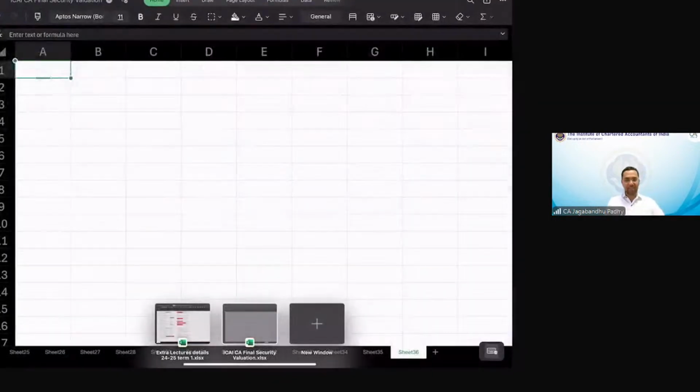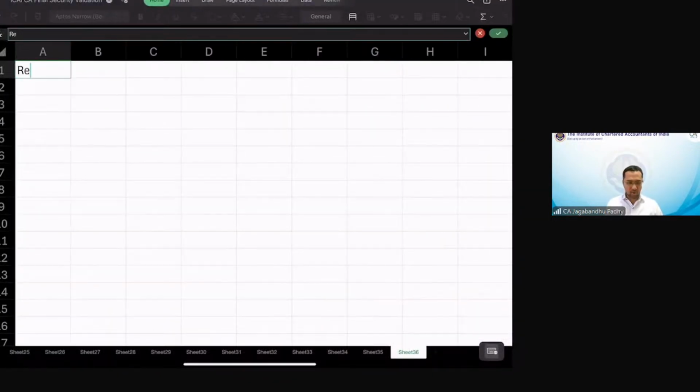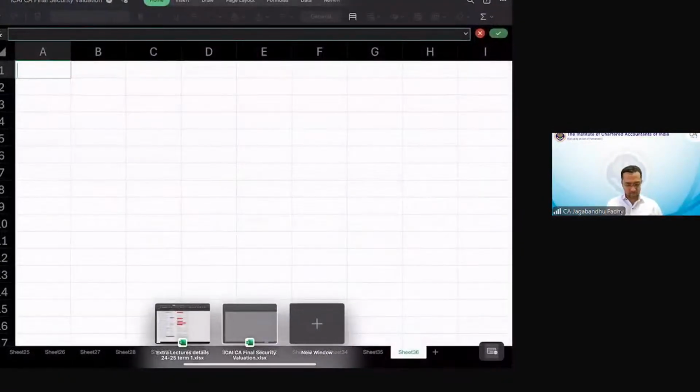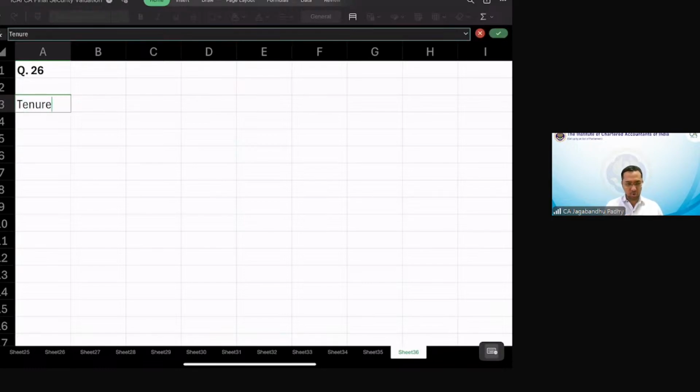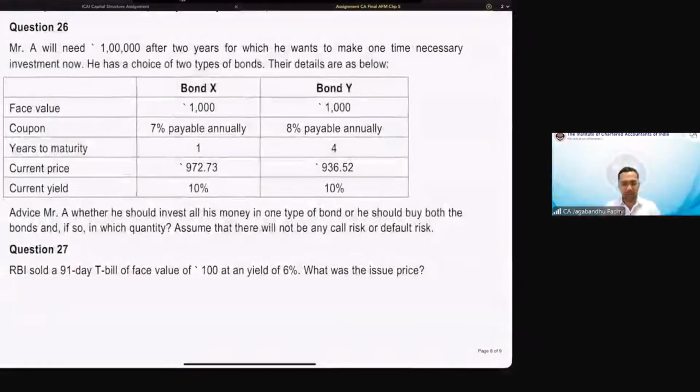So let me just make you understand that there is something called as reinvestment risk in a bond, and then we'll look at this question number 26 in detail, right? For example, in our case, what is the tenure, or when do we really need the money?